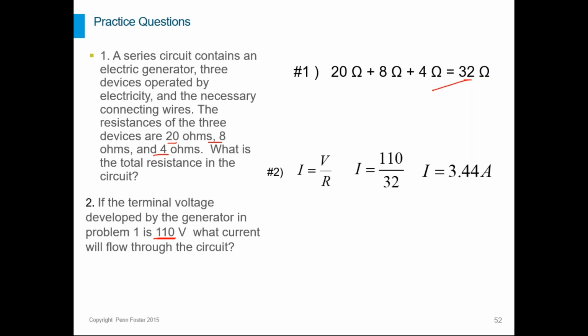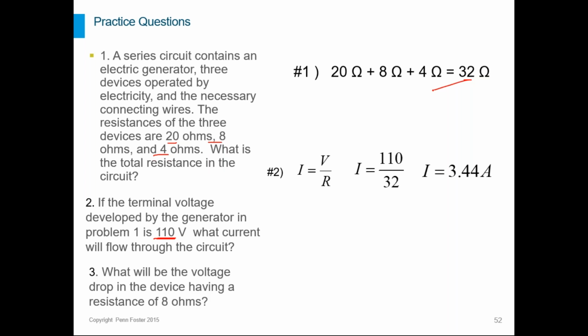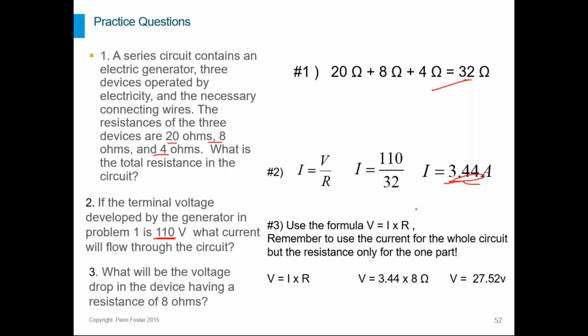And our third question is going to be about voltage drop. So what will be the voltage drop of the device having a resistance of 8 ohms? So with voltage drop, we need to know the amps, which we found out, and the resistance. Now, just remember, we're talking about just the resistance of one part.